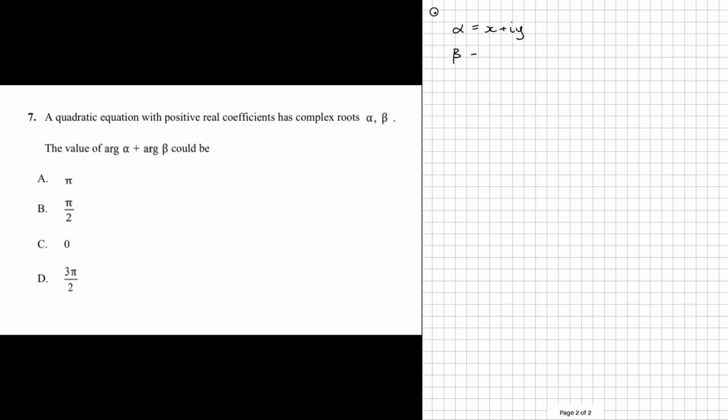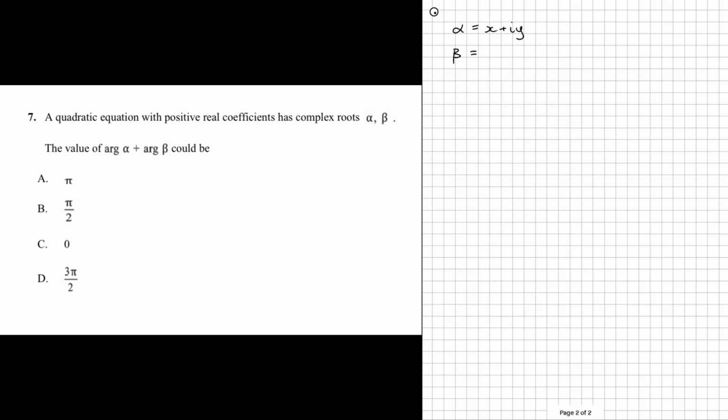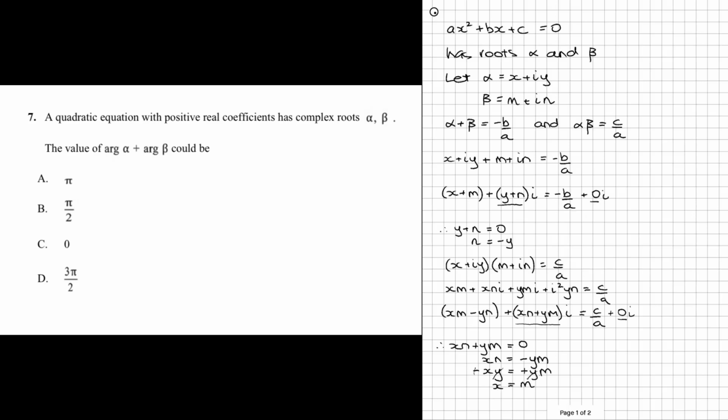Now beta we defined as m plus in, but m we've concluded is x. So instead of writing m, we can write x. And we had plus in, but n is equal to negative y.